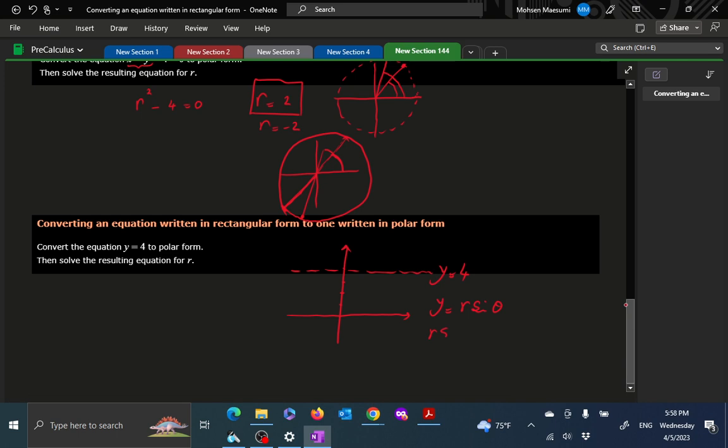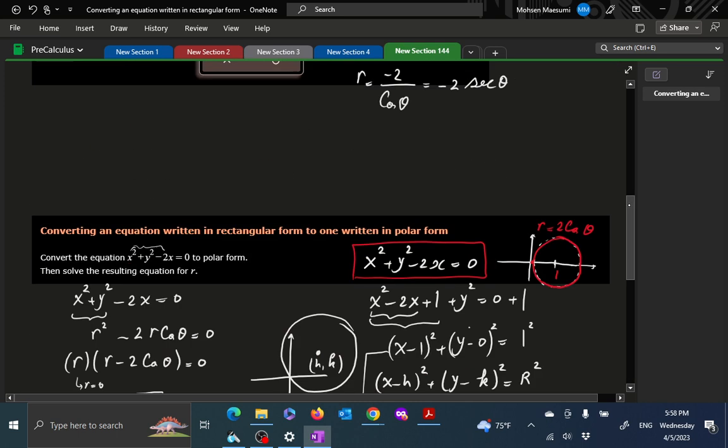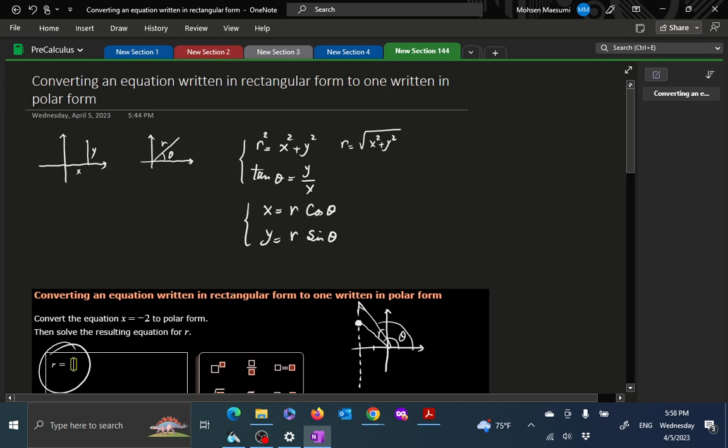So therefore r sine theta has to be equal to 4, which says r is 4 over sine theta. You can leave it like that or write it as 4 cosecant of theta, and that will do it. So it's a sort of a culture change from Cartesian to polar.